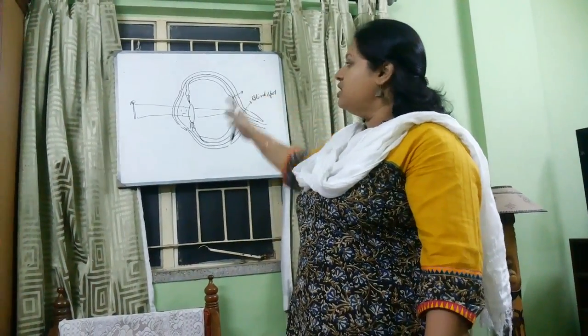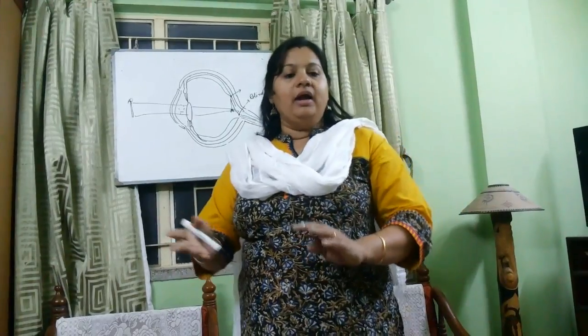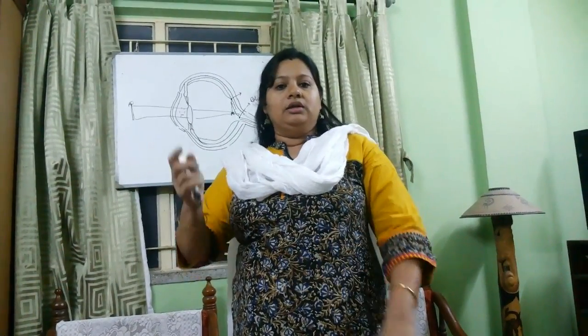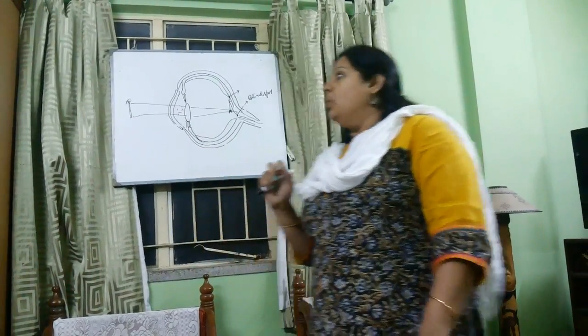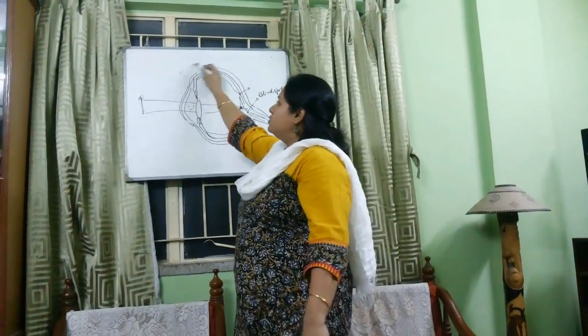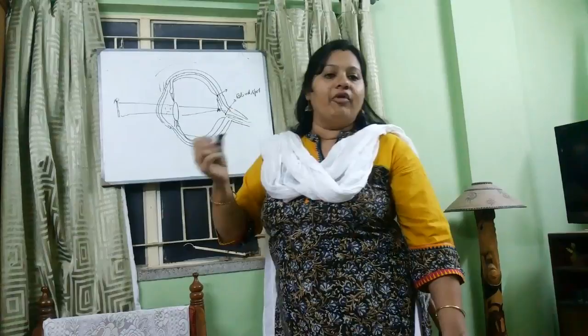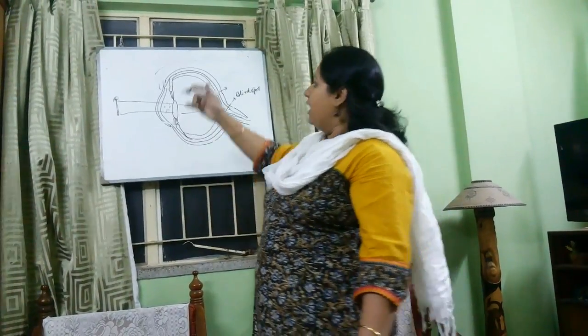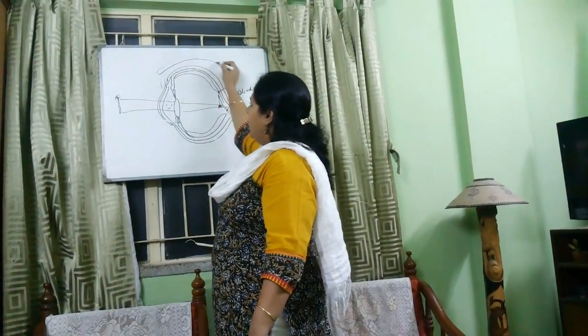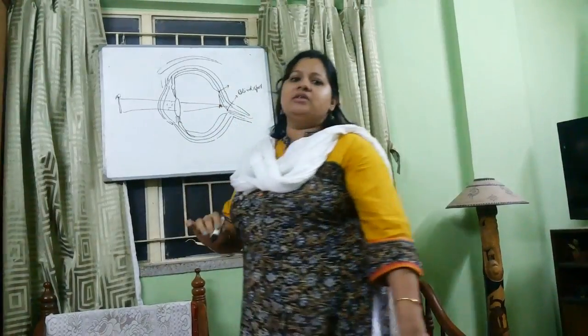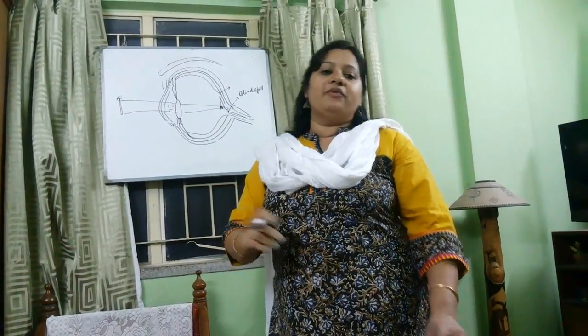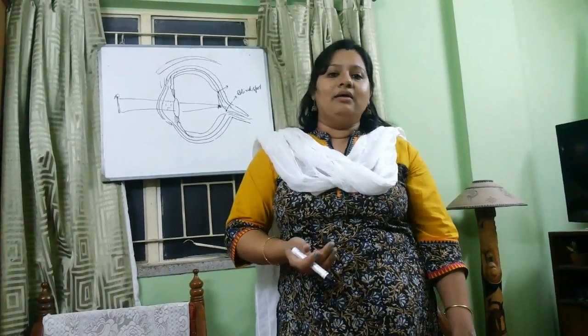This is a very significant structure of the eye, and apart from this there are certain additional structures. One is the presence of eyebrows and eyelashes, which protect the eye from dust particles, and the eyebrows also prevent sweat from entering the eye. Another additional structure is the tear gland.